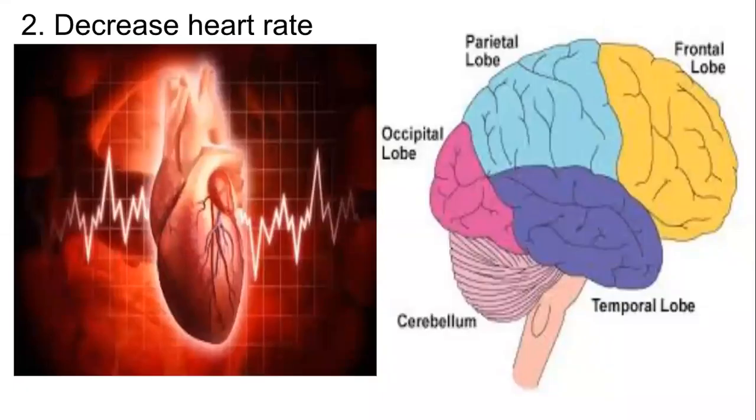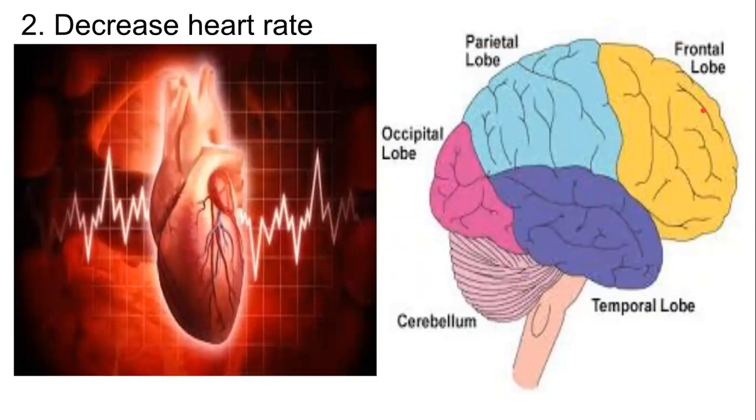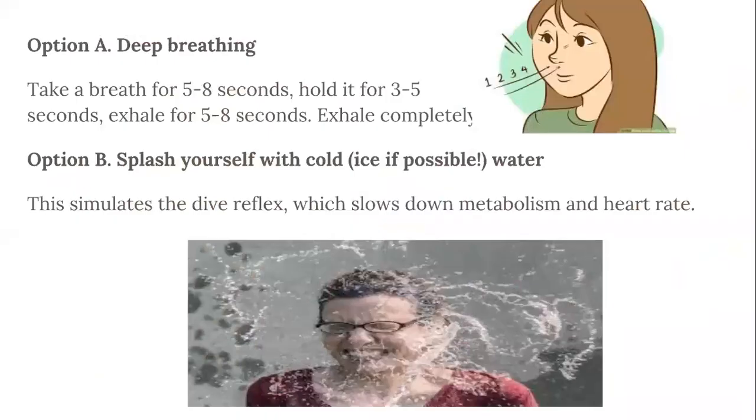And then another thing we need to try to do, or the student needs to try to do, is to decrease the heart rate. When we're stressed, our heart rate increases, and this shuts down the frontal lobe, which is responsible for decision making and logic, which is obviously quite useful during an exam. And so a couple of things we can do, or students can do, but we can let them know.